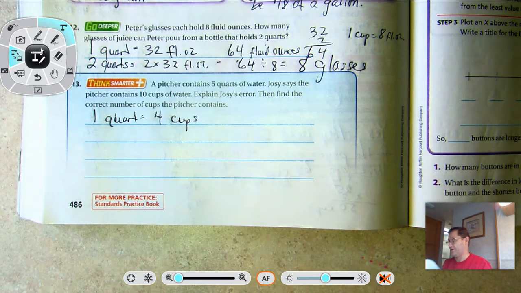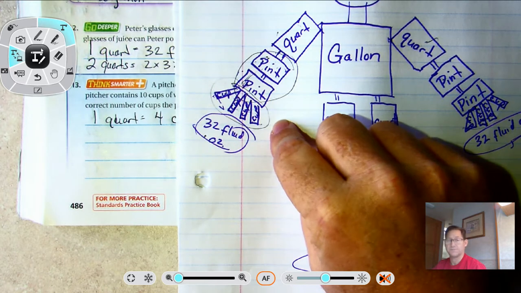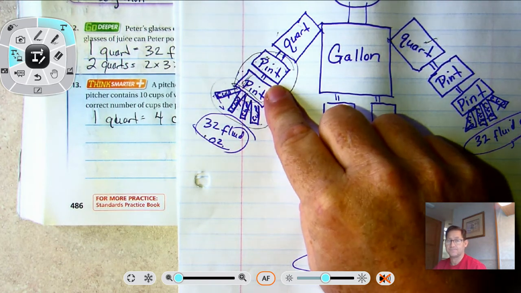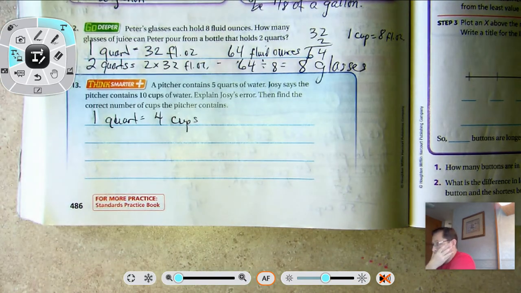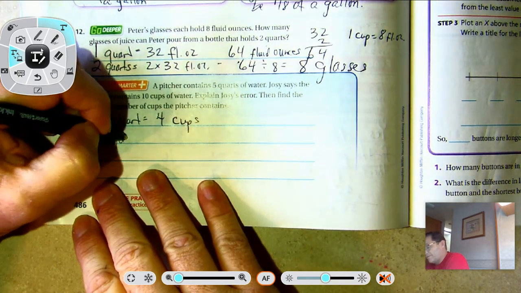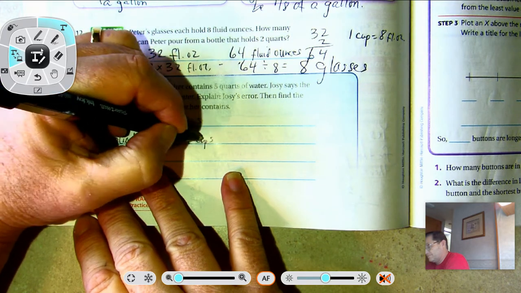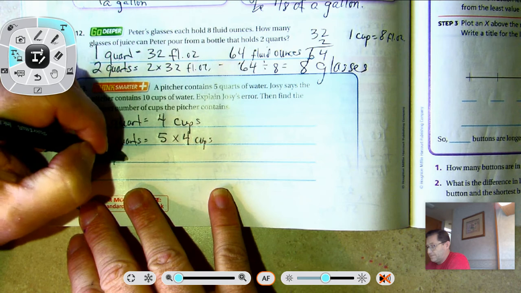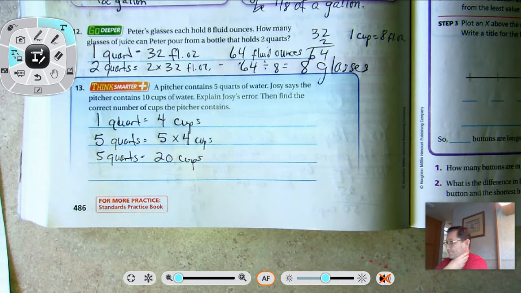Okay. Again, if we used our example, 1 quart, there are 2 pints, but there are 4 cups because there's 2 cups in every pint. Okay, so 5 quarts of water. 5 quarts would equal 5 times 4 cups. 5 quarts equals 20 cups. So what is her mistake?